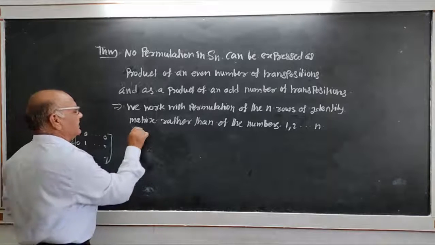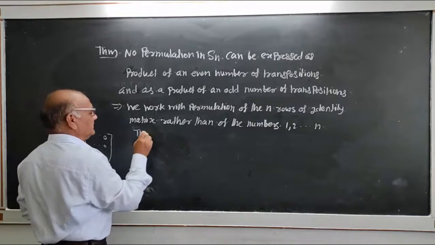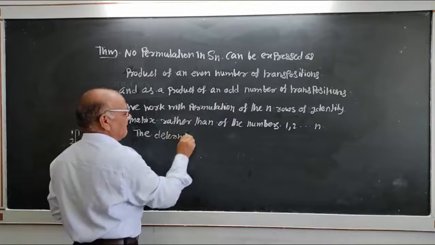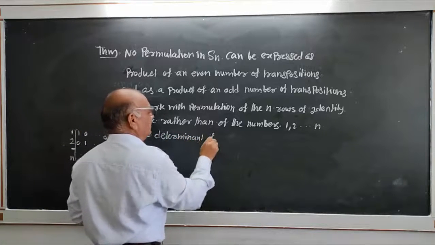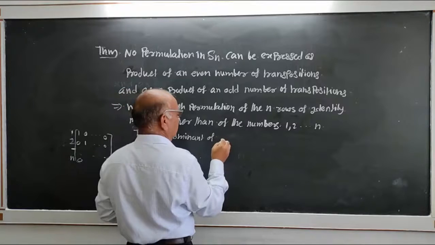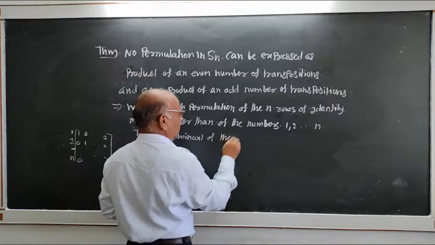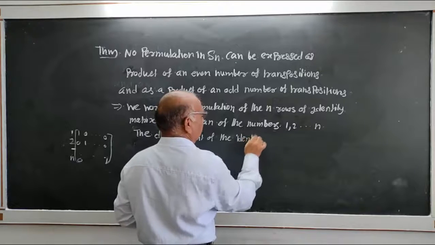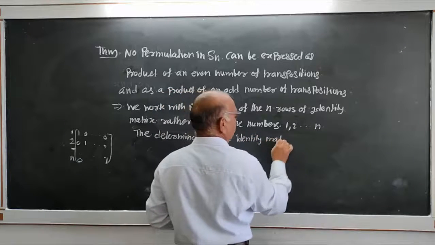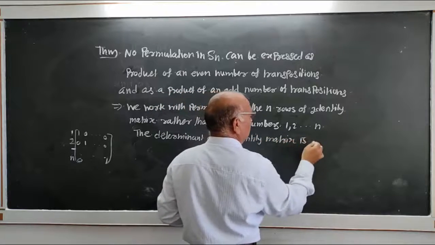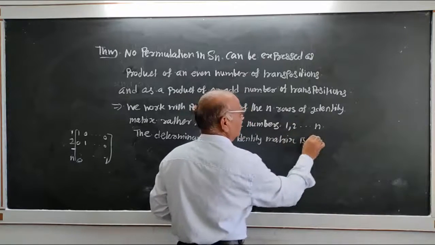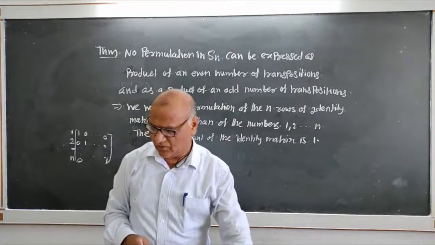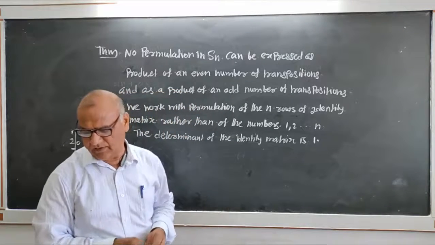We know the determinant of the identity matrix is 1.